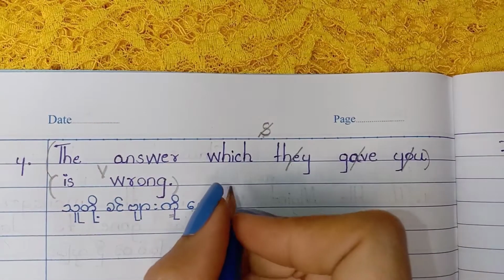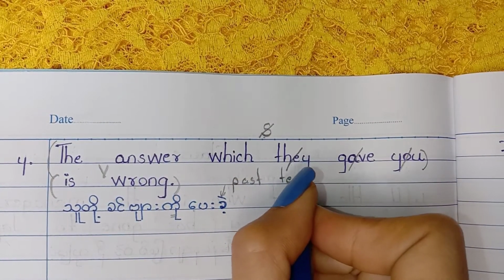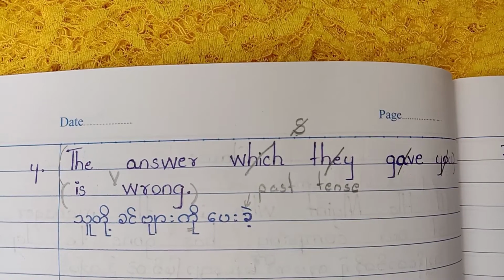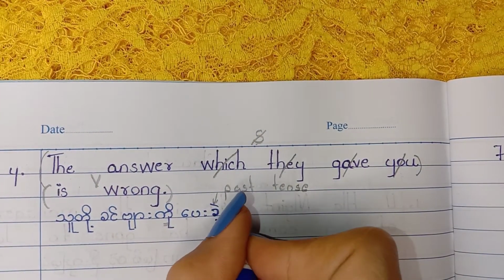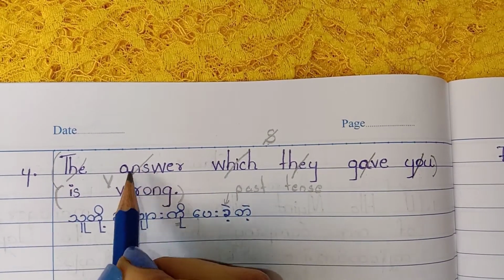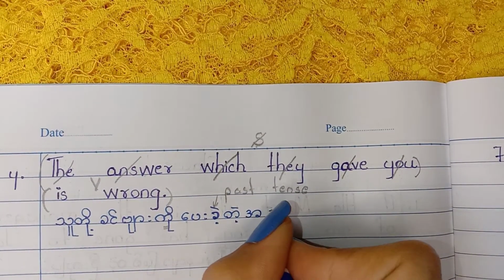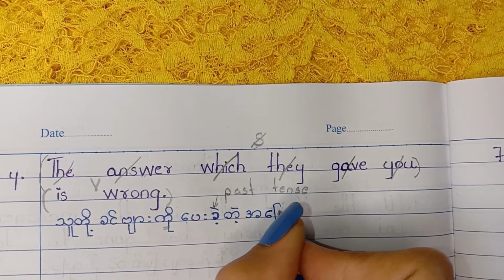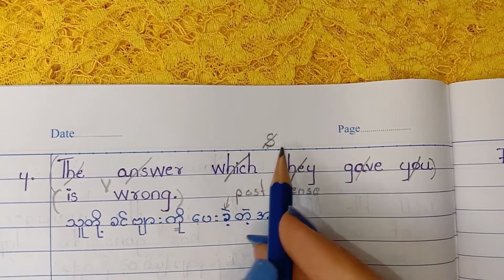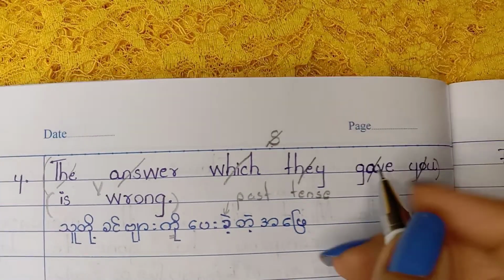So ခဲ့ is for the past tense. And then which means တဲ့. And the answer means အဖြေ. So the answer which they gave you is the subject. That's why we have to put the subject marker က.